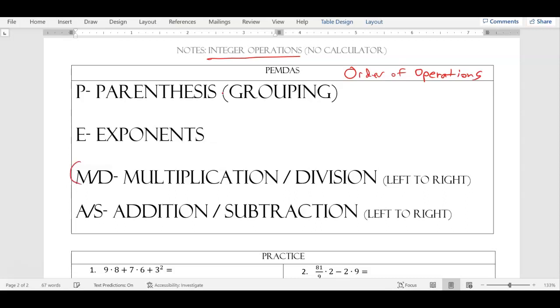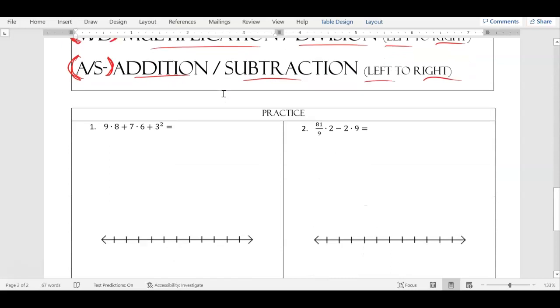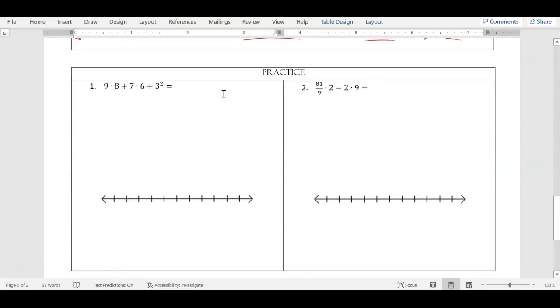The M and the D are like one step, so I kind of like to put that in parentheses. PEMDAS, and then the AS is also grouped together. So multiplying and division, you're going to look for both of those from left to right in one step. And then for the last step, addition and subtraction, you're going to look for both of those from left to right. So let's just do some practice.